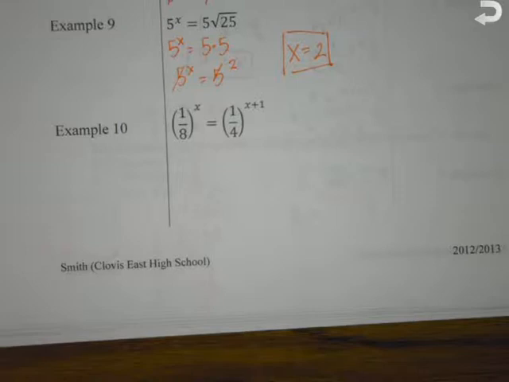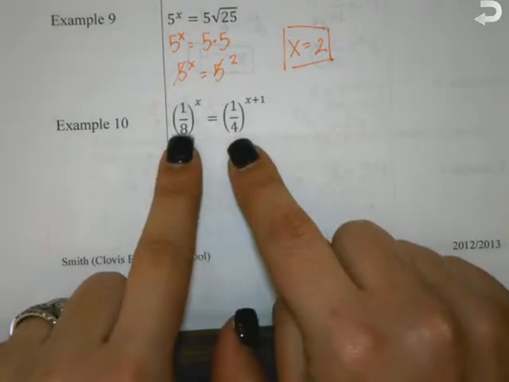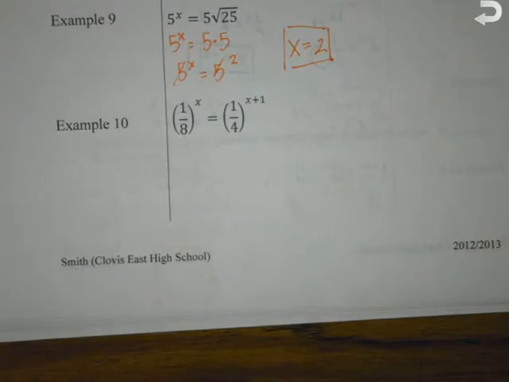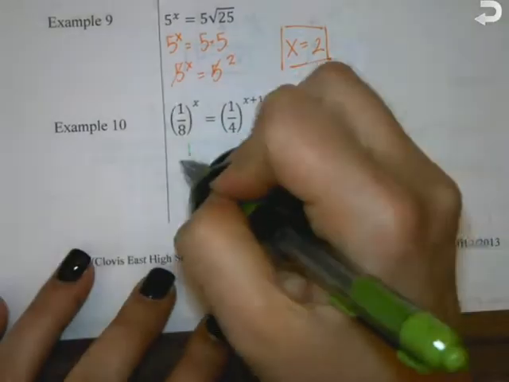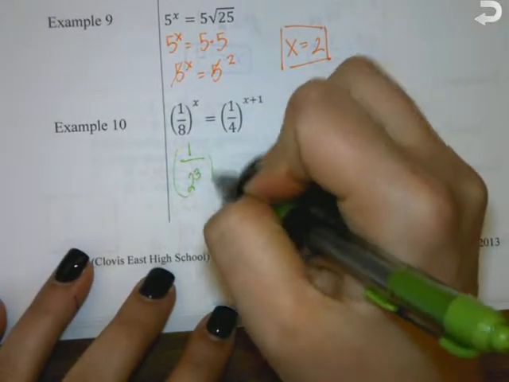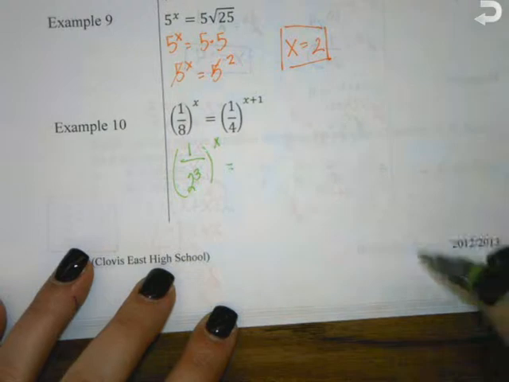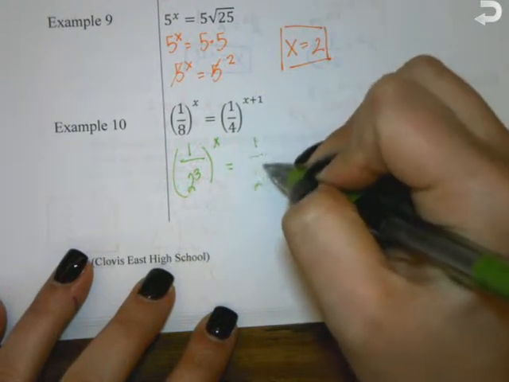Is 4 to the 2nd power 8? No. So please, I guarantee one person will forget and put that 4 to the 2nd power is 8. If I have an 8 and a 4, what actually should my base be? 2. So let's rewrite it first. This is going to be 1 over 2 to the 3rd to the x equals 1 over 2 squared to the x plus 1.